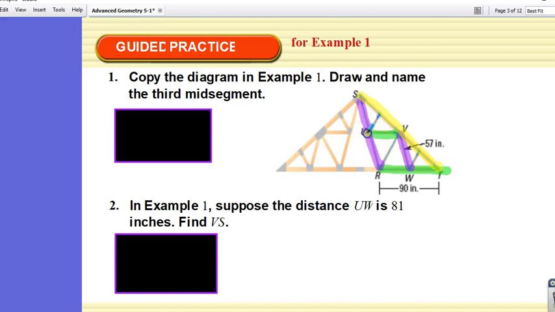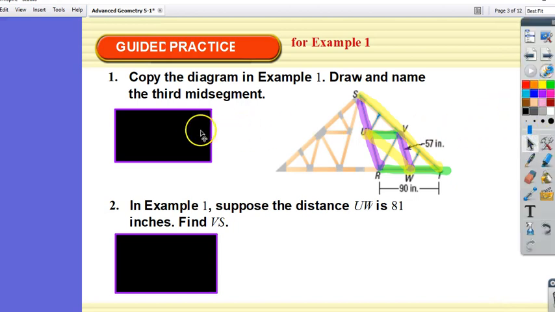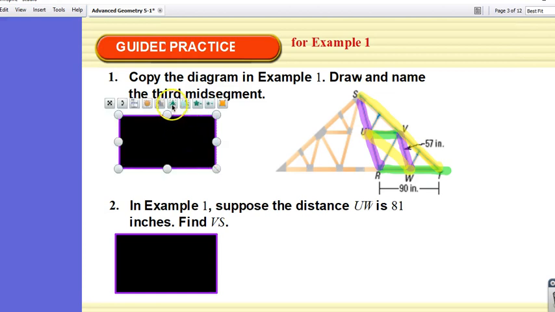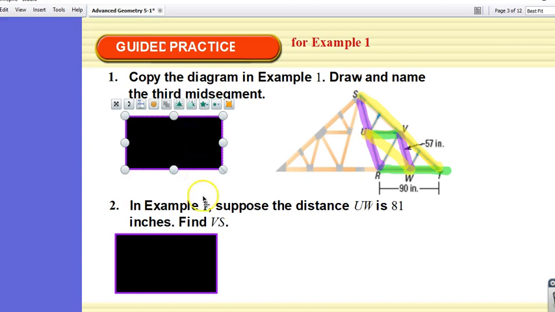Well, the midpoint of this line is here, U. The midpoint over here is here, so these connect. So the midsegment would be WU, or UW. Make sense? It's made up of two midpoints. Weird, it shouldn't be connected, but oh well.